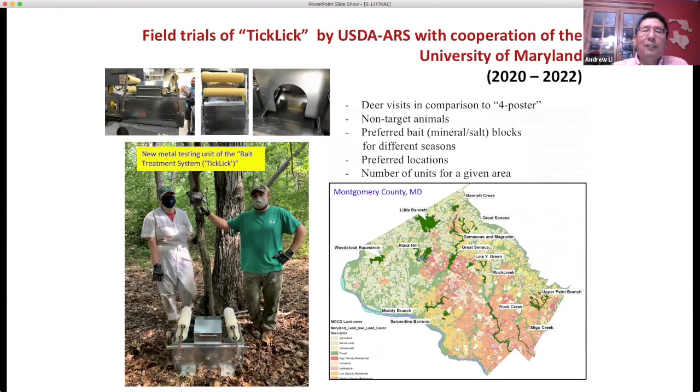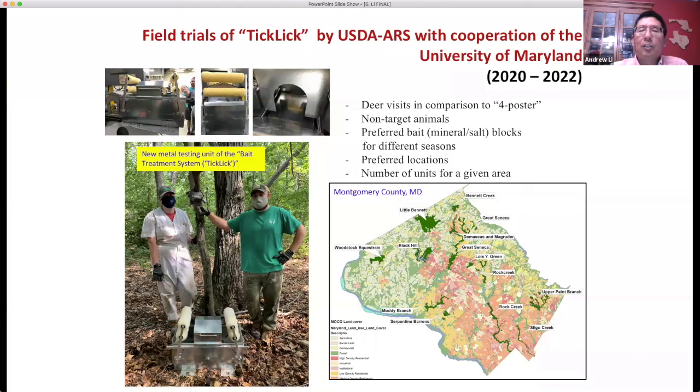So we filed the patent application last year, and this year we are building a new version, a metal prototype. We intend to have a project in Montgomery County. Hopefully, at the end of this year, a 2-year study. Basically we want to put the device out there on a larger scale, at multiple sites, to study how deer and other animals interact with the device.